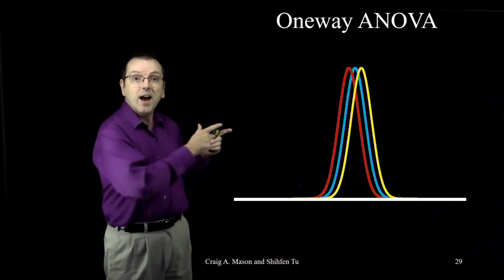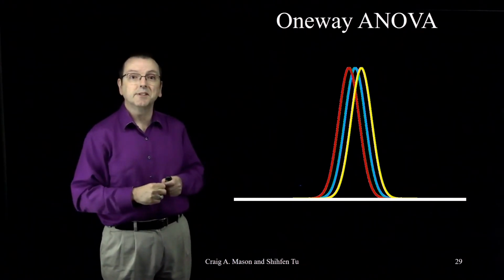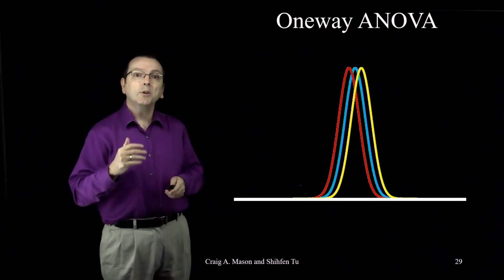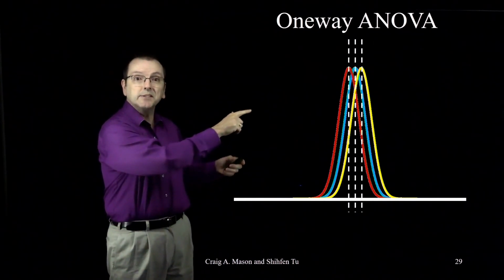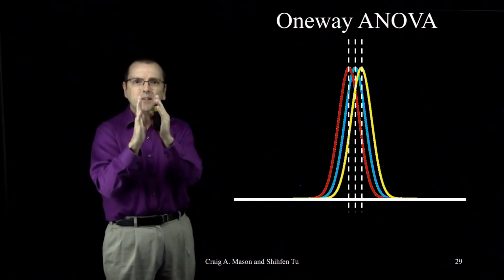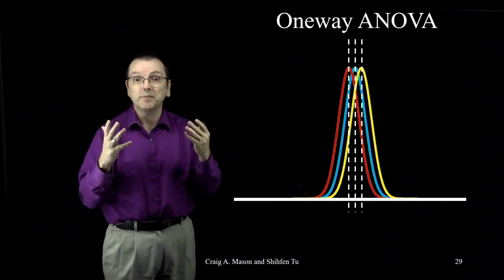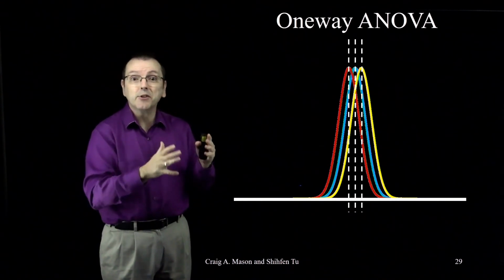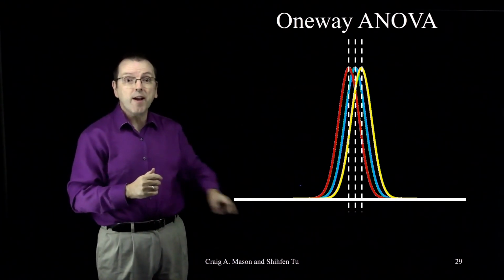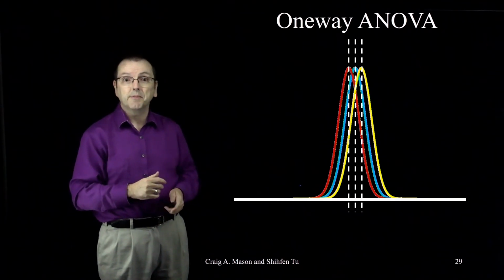Me? I would be nervous rejecting the null with this data for 2 reasons. First, notice the difference between the means, these dashed lines, is relatively small. The variability between our groups is small. That's particularly true when you look at how much variability there is within each of those groups, right?